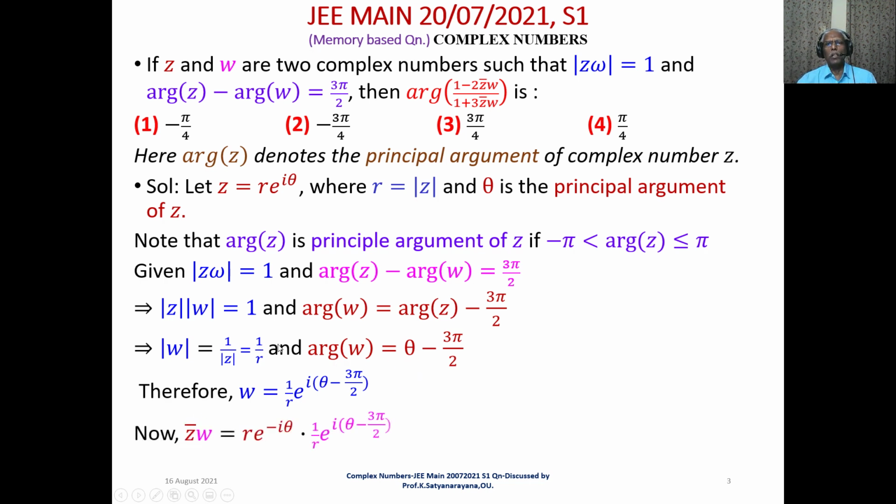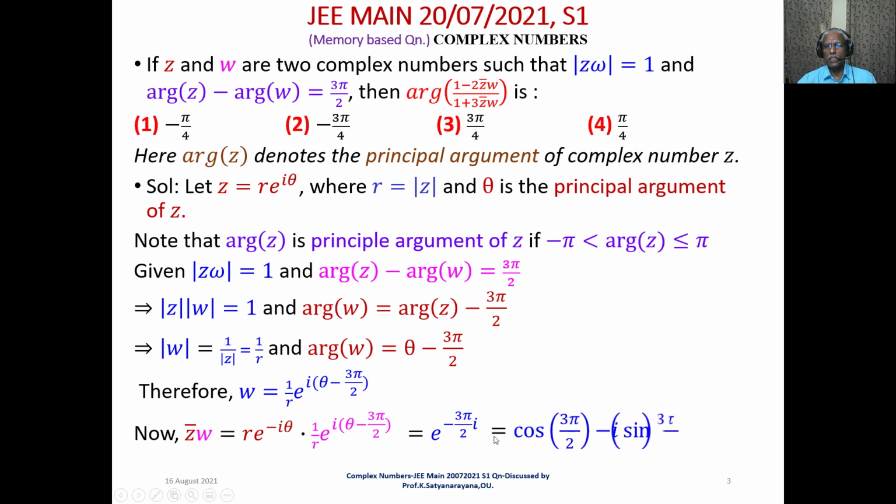Now Z bar W, because Z bar W is appearing in the expression whose argument is to be found. Z is r e to the power of iθ, so Z bar will be r e to the power of minus iθ. W is 1 by r into e to the power of i times (θ minus 3π/2). The iθ terms cancel off, and r and 1 by r cancel off, and we get e to the power of minus 3π/2 i.